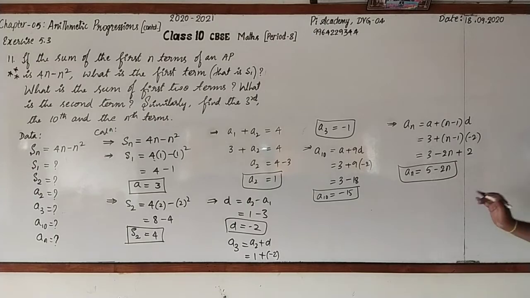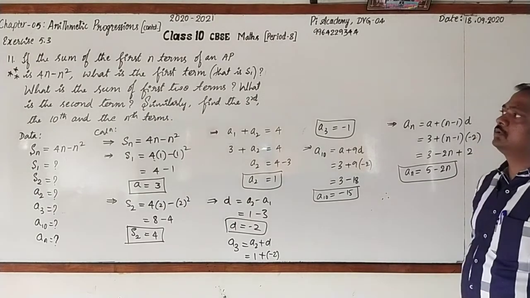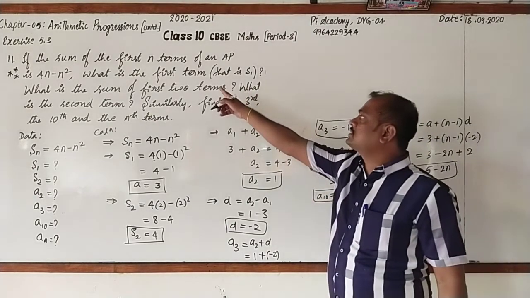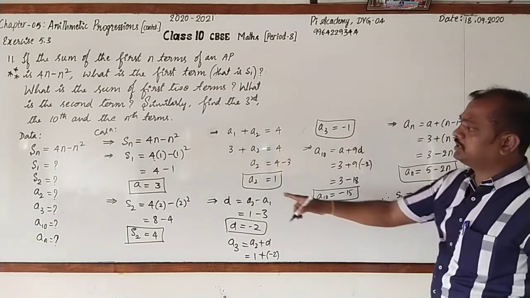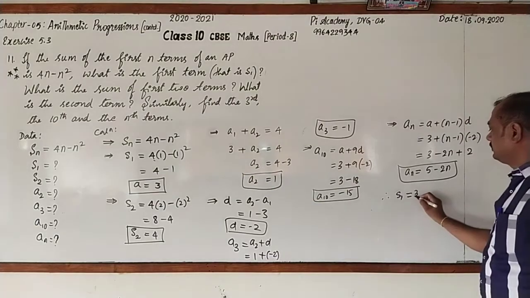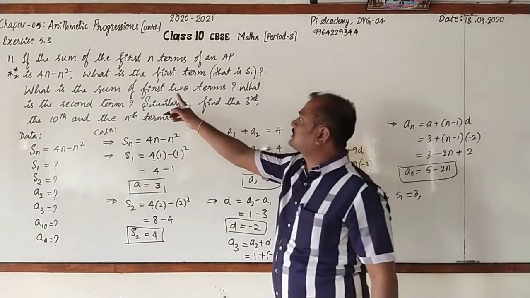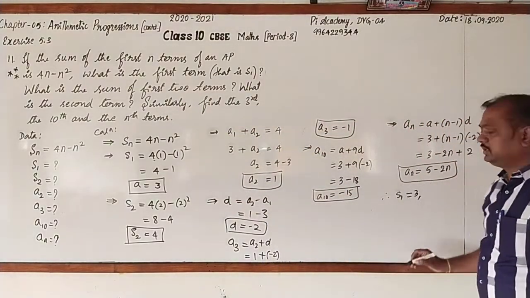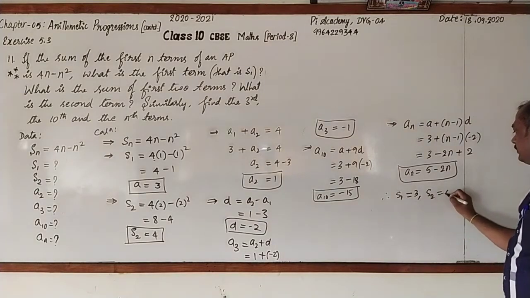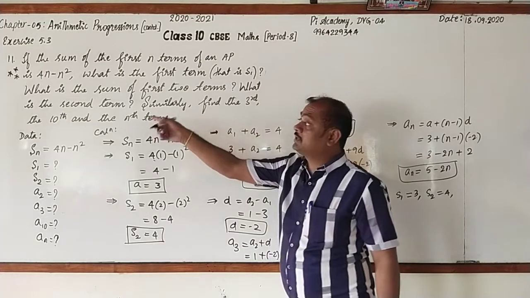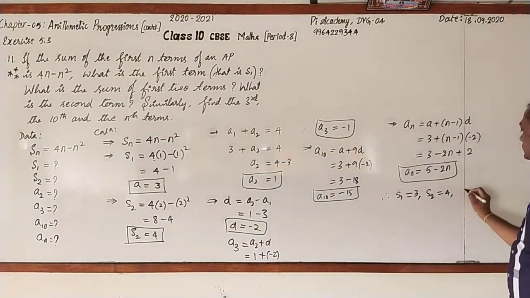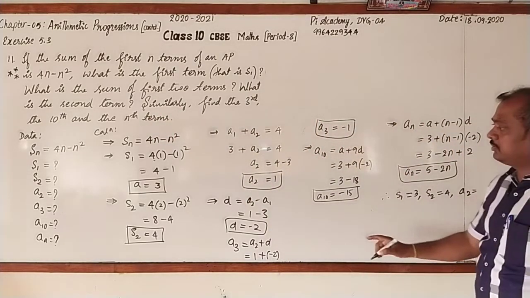Clear? Yes. You may write the conclusion. Conclusion is, see, what is the sum of the first term? It is S1. S1 is how much? 3. Next, what is the sum of the first two terms? That is S2. S2 is 4. Next, what is the second term? It is A2. A2 is how much?